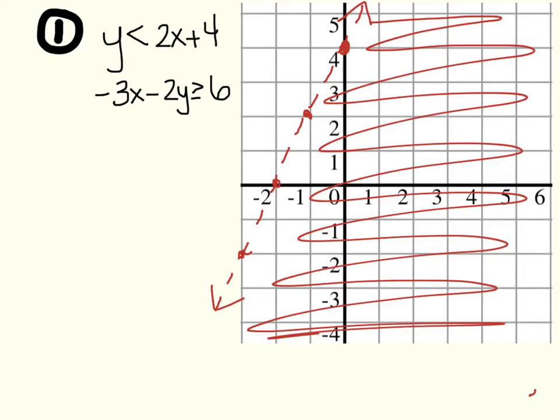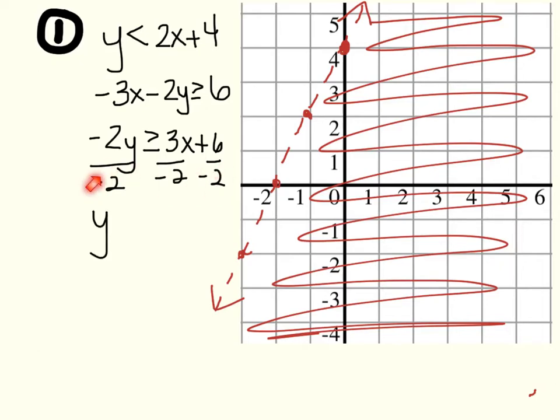All right, next I'm going to solve the next one for y. Negative 2y is greater than or equal to 3x plus 6. I now divide everything by negative 2, and this is something I'm hoping you remember from last year. Because you divided by a negative, the inequality flips, and you're going to get negative 3 halves x minus 3. So I'm going to graph this in blue.